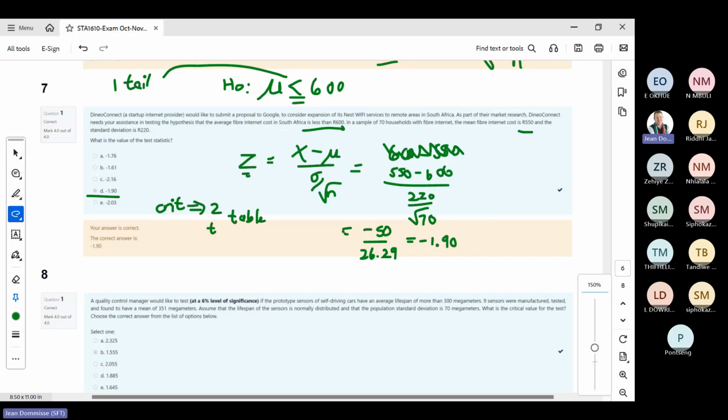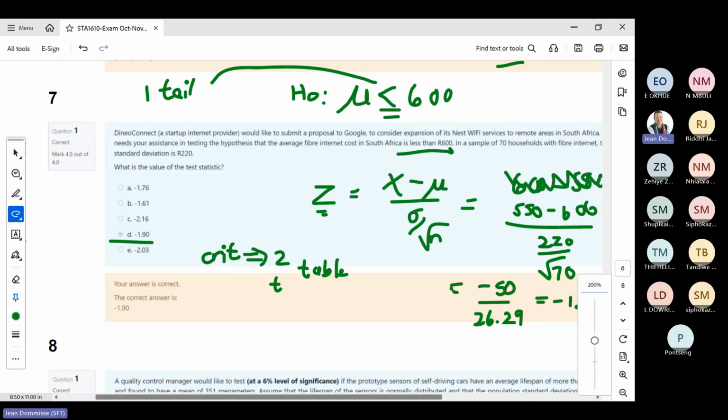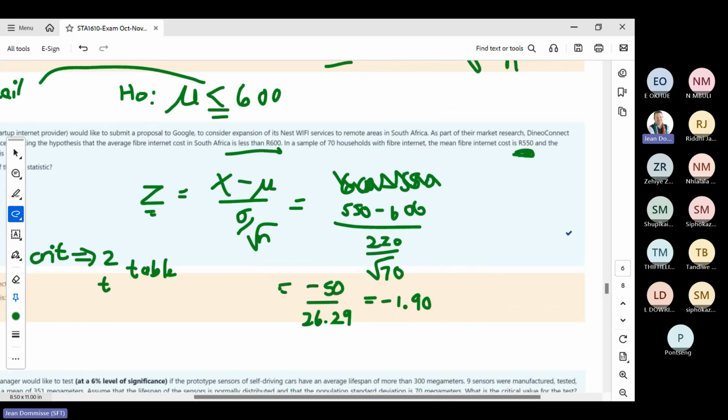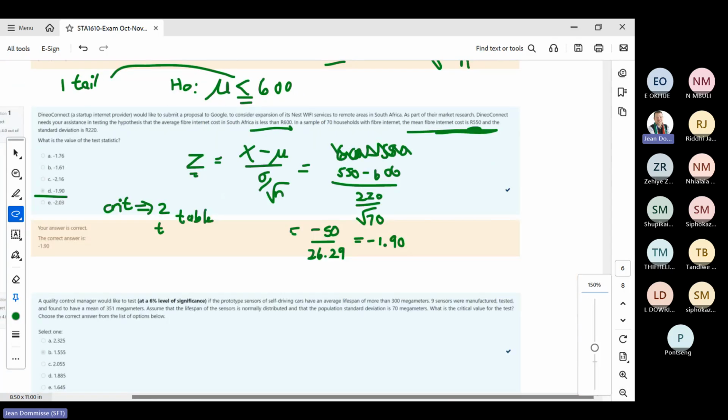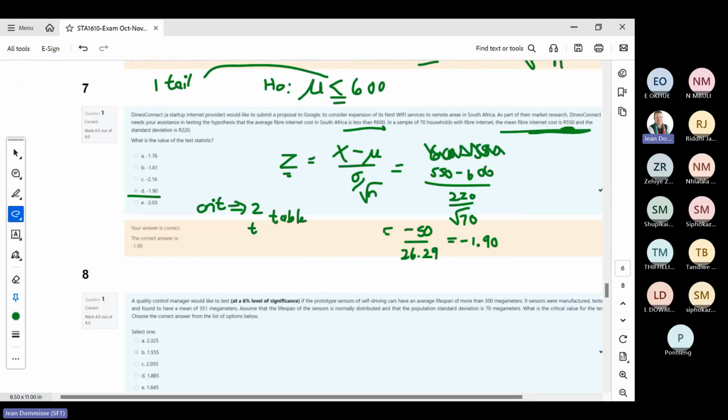So the 550 is coming from there. The mean internet cost is 550. Sorry, it's my screen. I tried to see how big I can go without cutting off everything, but that's where the 550 comes from. Yeah, it was hidden off screen. Okay. Thank you, sir. Cool.